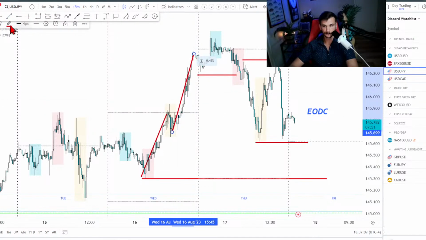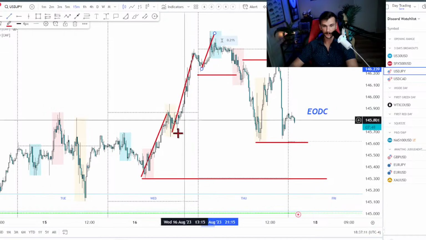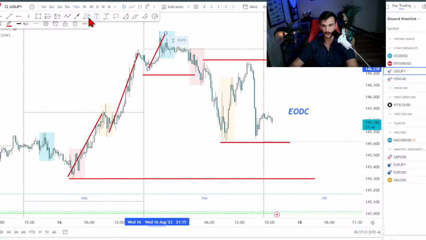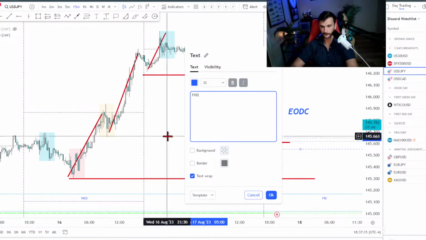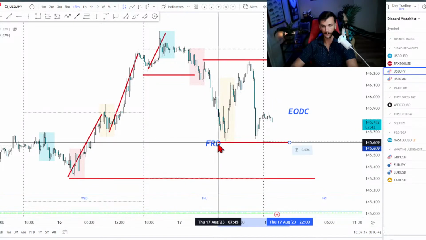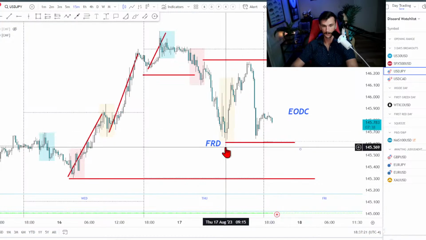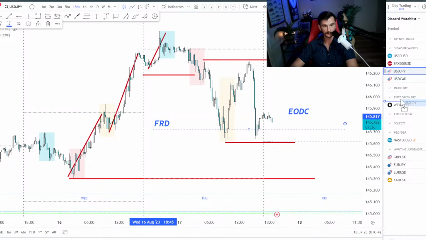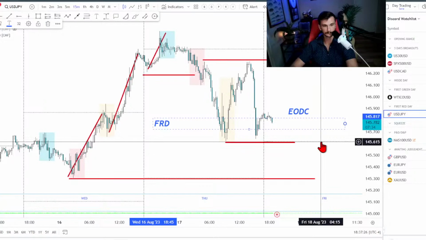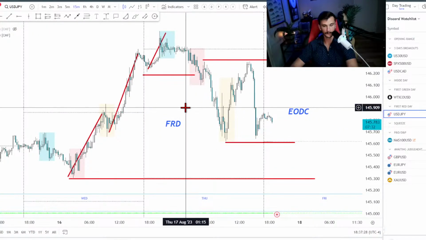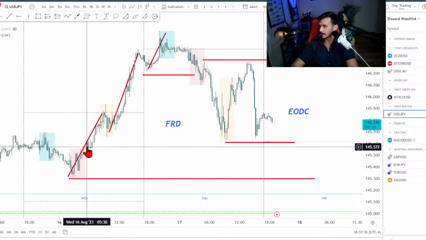Drive 2. Drive 3. This is where the pump began. First red day. Beautifully done. Whoever said that, good stuff. All right, first red day. Like that. Like that a lot. I like that a lot more.